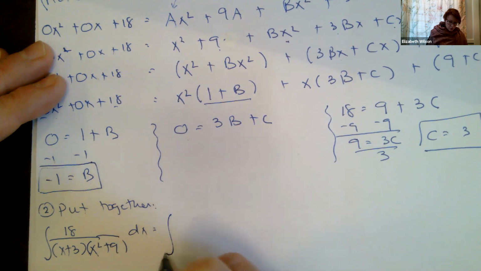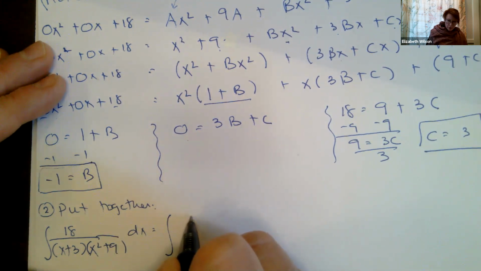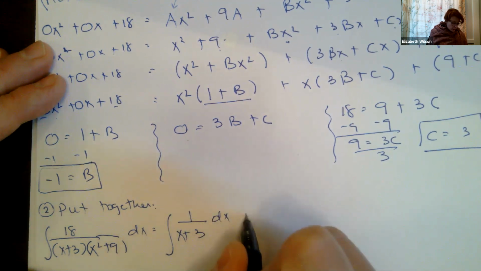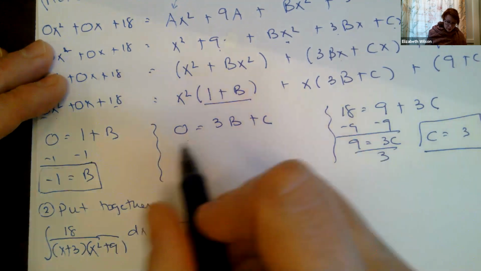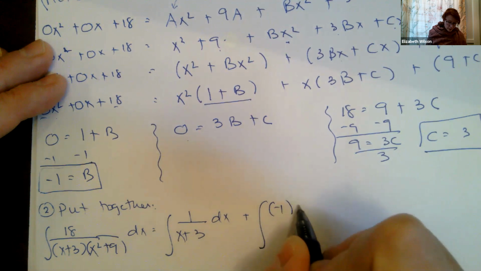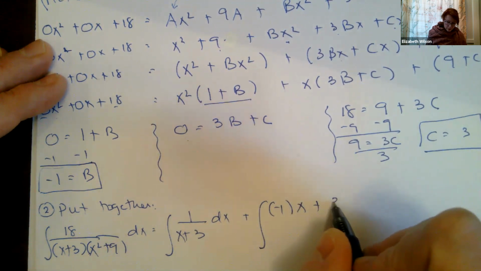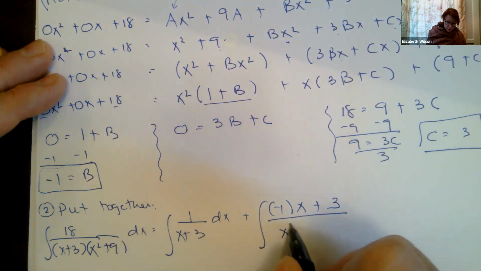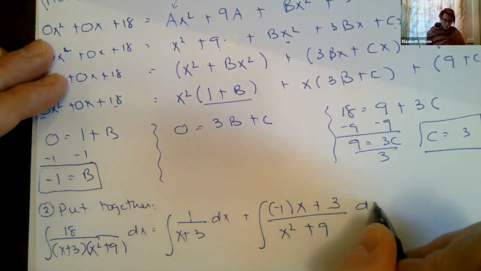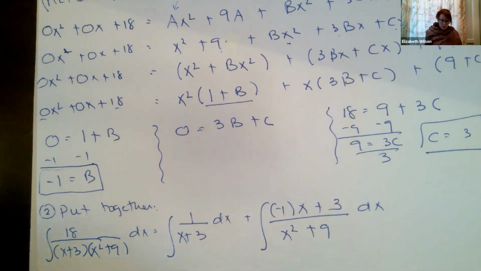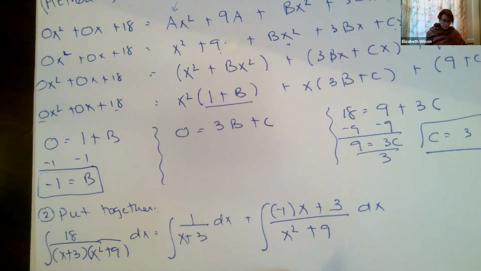So this is equal to a over x plus 3, so this is 1 over x plus 3 dx plus, right, this, b, so minus 1 x plus c all over x squared plus 9 dx. Okay, so this is what we're going to be integrating right here.